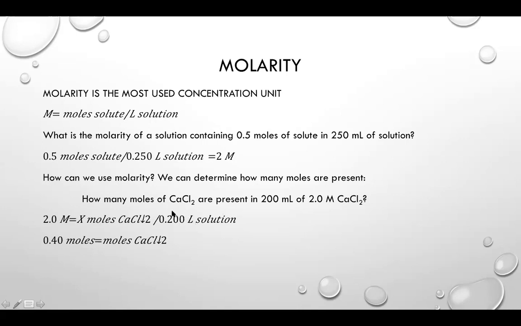So when you multiply each side by 0.200, because we want to get this alone, when you multiply 0.200 by 2.0, you get 0.40 moles of calcium chloride.